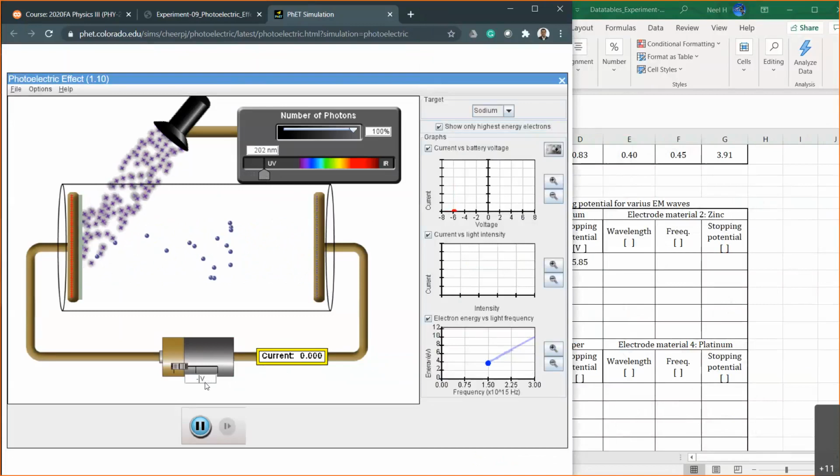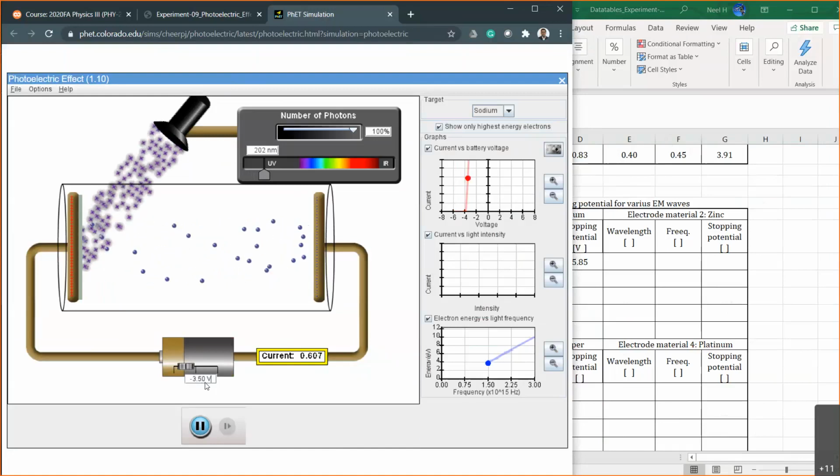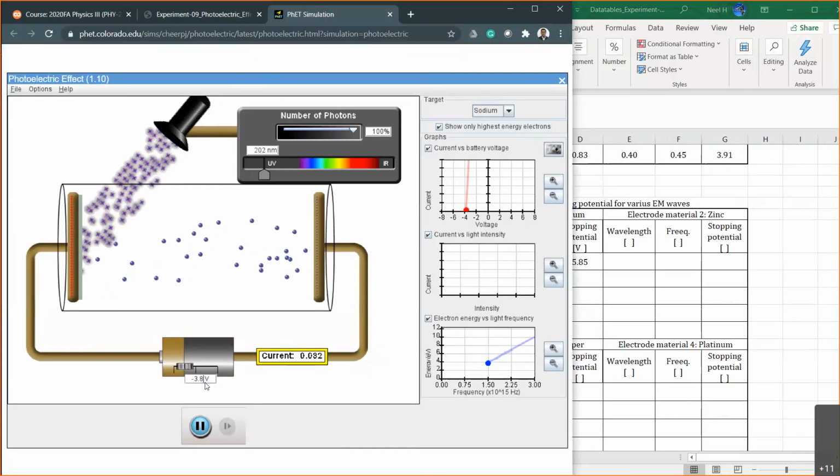Maybe let's try with -2. -3, still there. -4, 0, which means try with -3.5, 3.8, 3.9 is 0, try with 3.85, 3.82 has a number, 3.83 is 0, right?